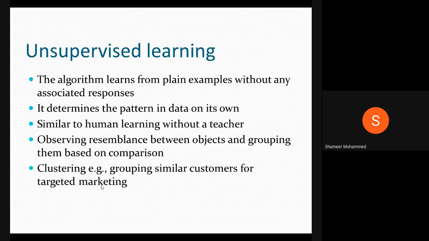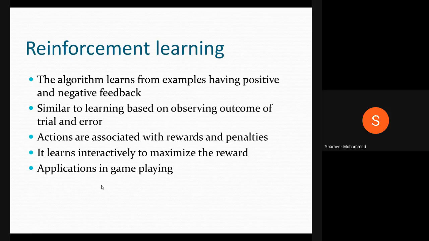So this is unsupervised. Before it was supervised. Third one, reinforcement. As I told you, the feedback, the survey you are conducting. What is the result of that survey? Trial and error. Based on that, you will associate your actions with some points or some penalties.